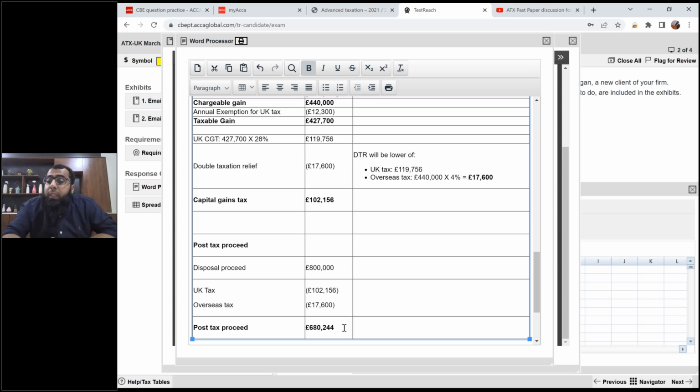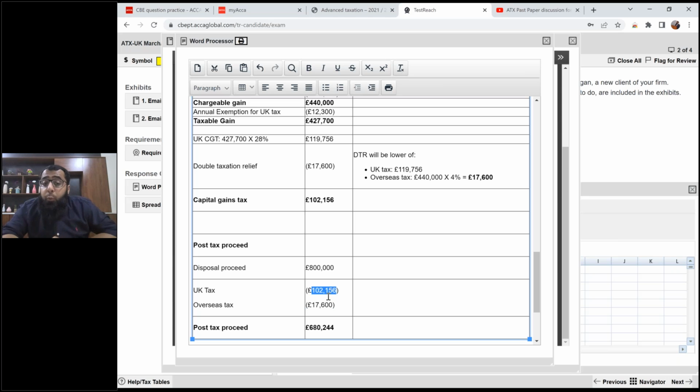What you need to understand is we are paying UK tax of 102,156. Please listen to me. Along with that, we have also paid overseas tax of 17,600. So the total tax would be the sum of the UK tax and the overseas tax.